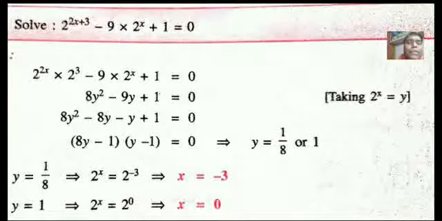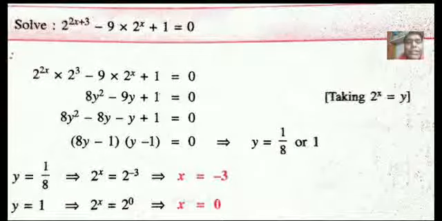Finally you get 8y minus 1 into y minus 1 is equal to 0. By the zero product rule, 8y minus 1 is equal to 0, so y is equal to 1 by 8. Second, y minus 1 is equal to 0, so y is equal to 1. So the value of y is 1 by 8 or 1.